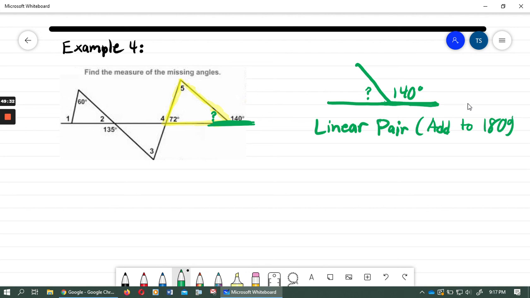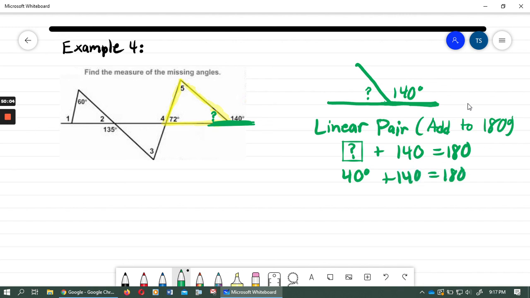So now I could write out a little equation. This angle plus 140 equals 180. You could write out the angle addition postulate, but you don't have to do all that because most of us probably already know that 40 plus 140 equals 180.